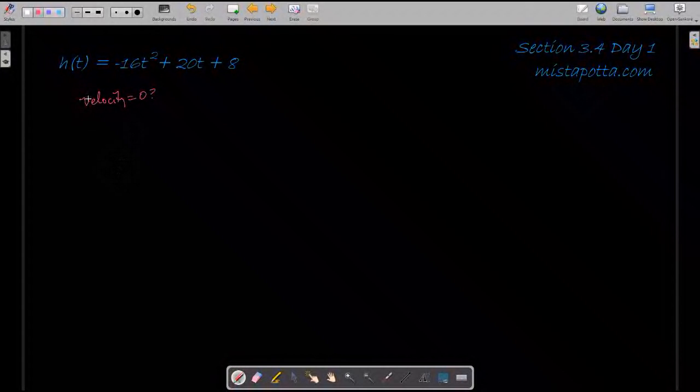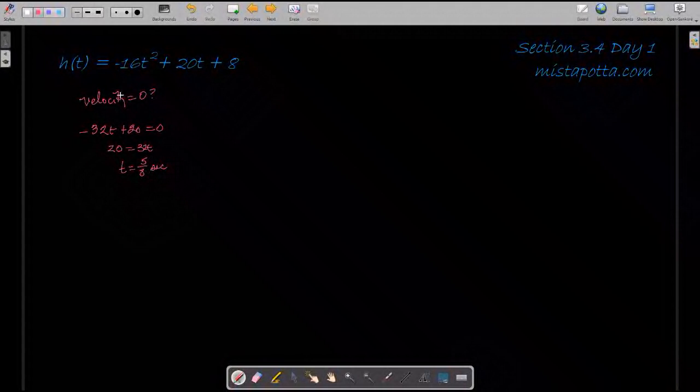So if I take a look at my velocity equation, which is the derivative, negative 32t plus 20, and I want to know when this is equal to 0, solving for this, I find out that t ends up being 5/8 of a second.